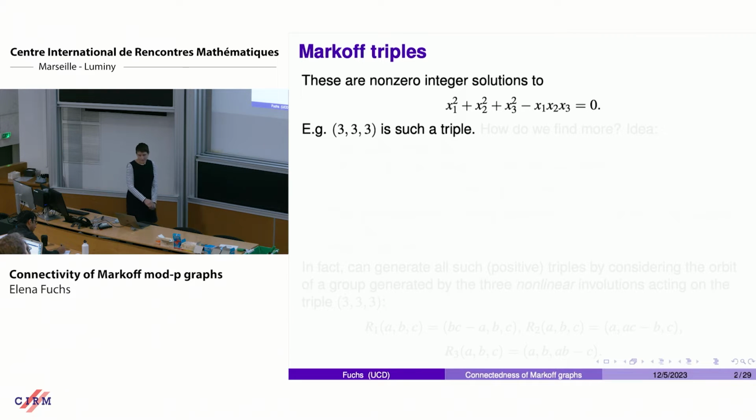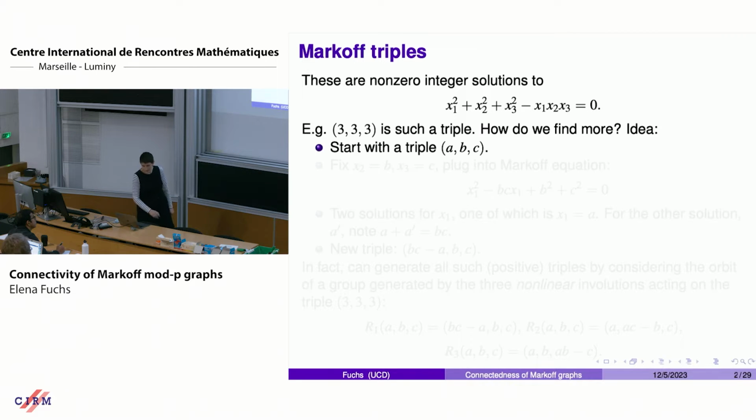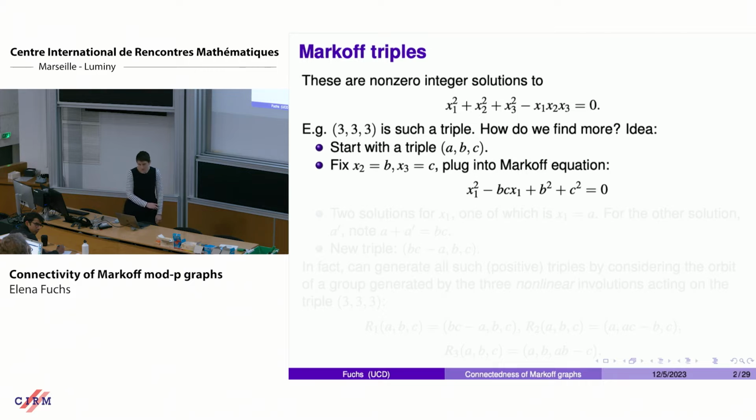And how do you find more solutions? Well, here's going to be the idea. Let's say you know a triple A, B, C, like 3, 3, 3. If you fix two of the coordinates, B and C, and plug those into the equation, you'll get this quadratic equation that you can solve for x1.